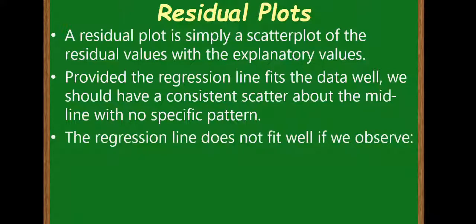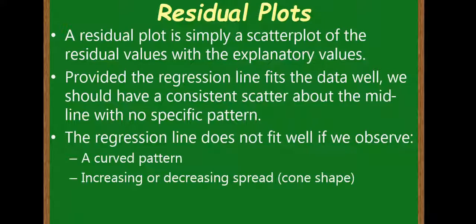The regression line does not fit well if we observe a situation where we have a curved pattern in the residual plot. Sometimes you get something that's an obvious curved pattern, and that would tell you that the data is curved in nature and a line is not going to fit it. Sometimes we'll also get what we call a cone shape, where the residual points are spread out really far at one side of the graph and maybe not spread out as much on the other side of the graph.